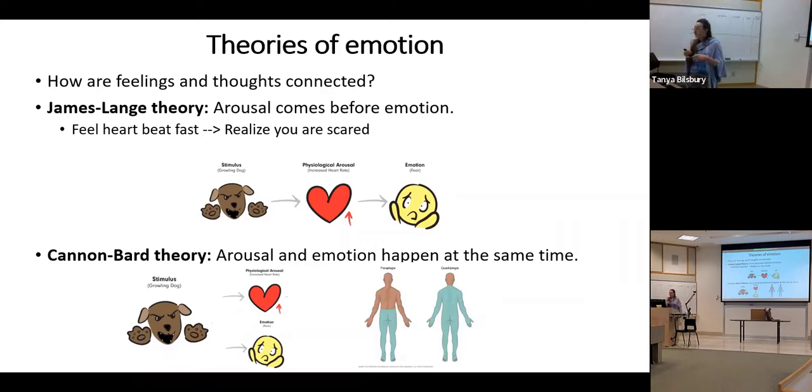But maybe there's some limitations to that. Like, how do you know what the correct interpretation or cognition is? So if your heart beats fast, how do you know if you are scared of the dog or excited because you love dogs? And there's Cannon-Bard's theory.